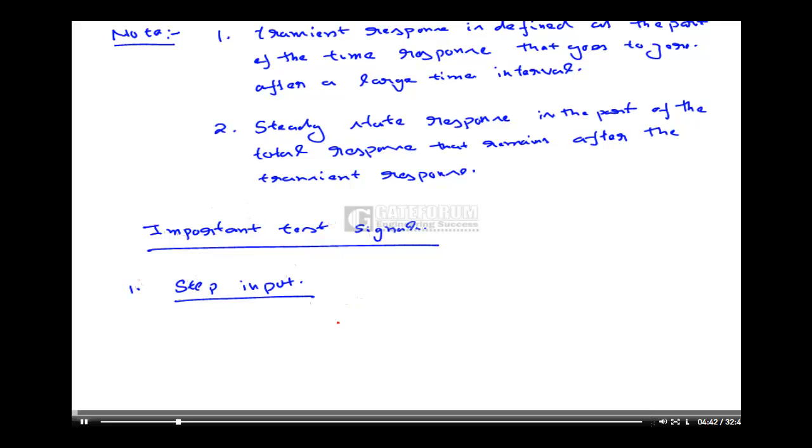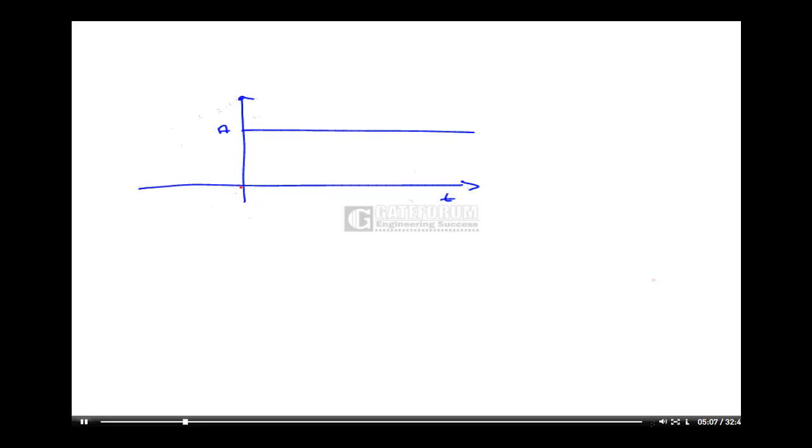Step input function, mathematically it can be written as r(t) equal to A for t greater than or equal to 0 and it equals 0 otherwise. I can draw it like this. This is my r(t). This is a step input function.